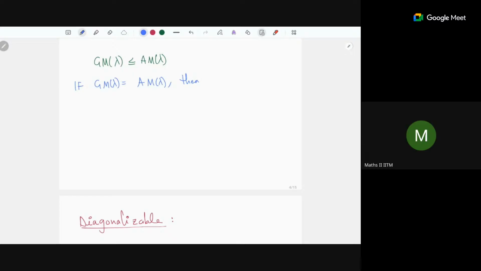That means you can find a basis with respect to which the matrix representation of T from Fn to Fn is a diagonal matrix.